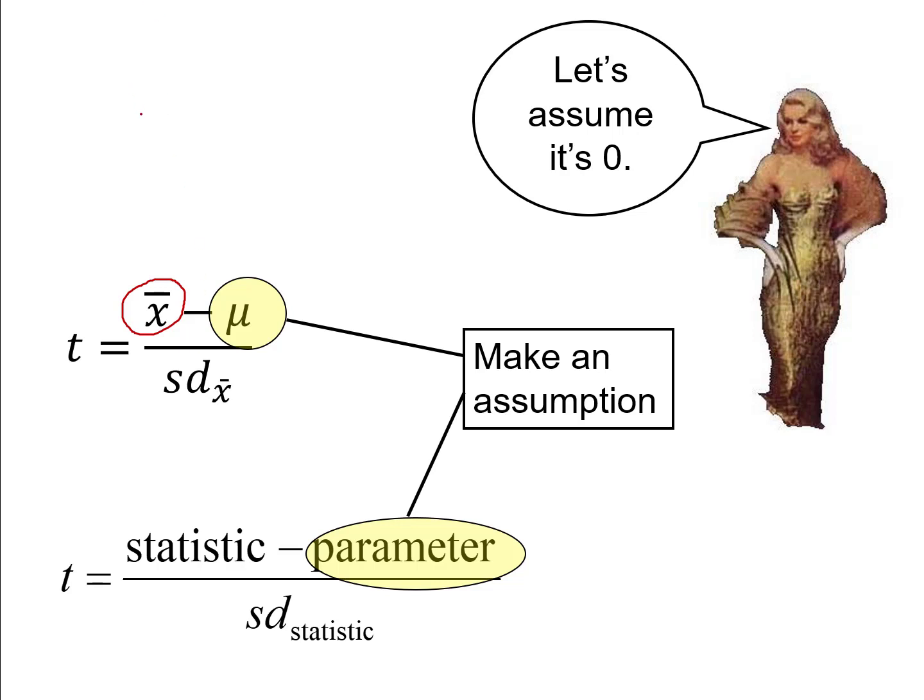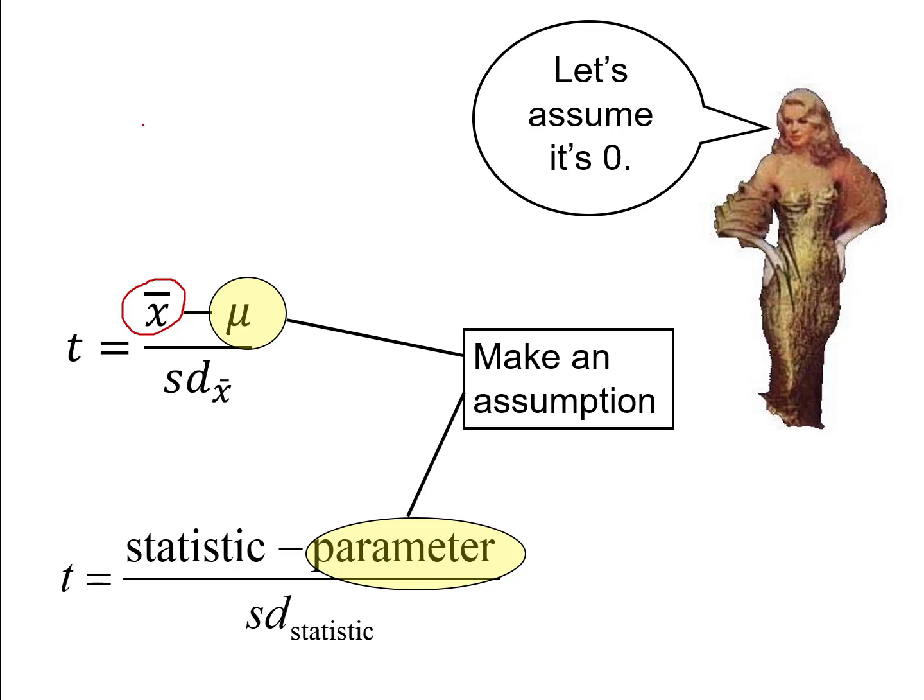If I'm looking at a difference between two means, the null hypothesis is that the difference between means is 0, that there's no effect. There's no difference between the groups, that both groups are the same as each other. Or if I'm looking at a correlation, the null hypothesis is that the correlation is 0, that there's no effect.